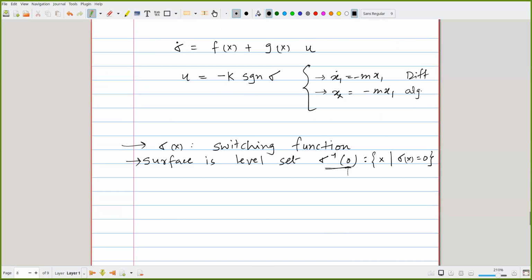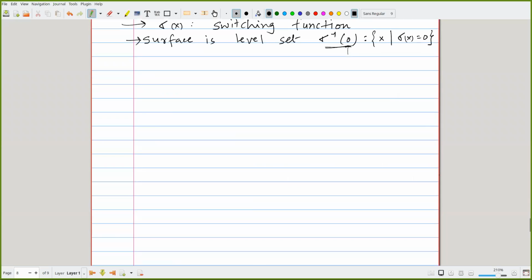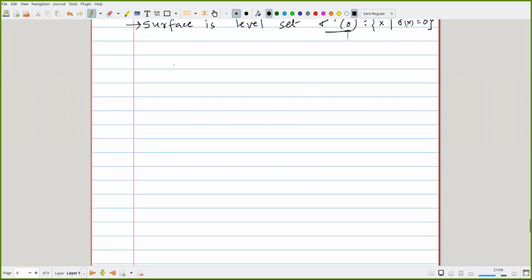Now let us take another example where we have a disturbance like this. x1 dot is equal to x2 plus d_u(t,x), and x2 dot is equal to a(x) plus b(x)u plus d_m(t,x).